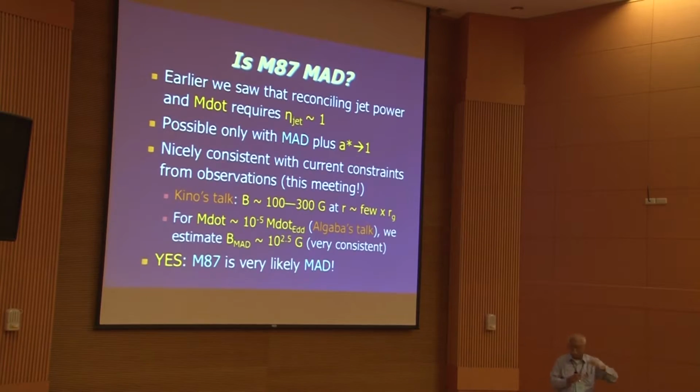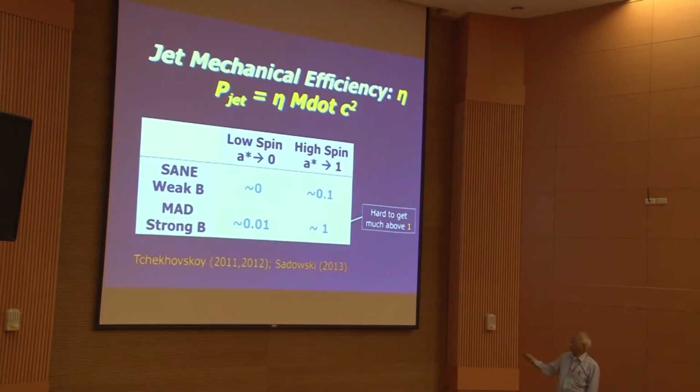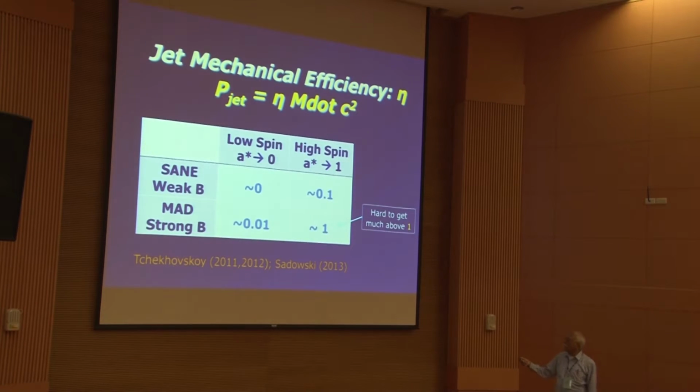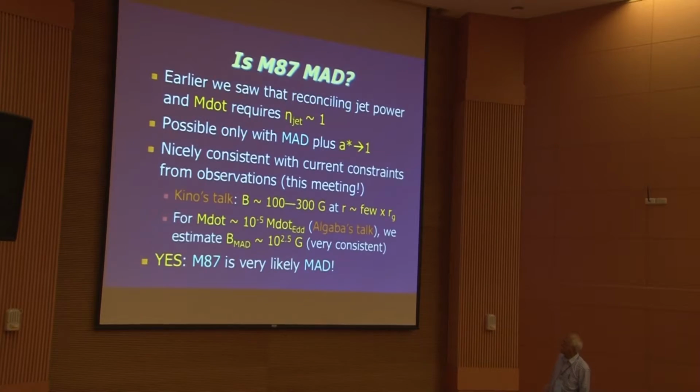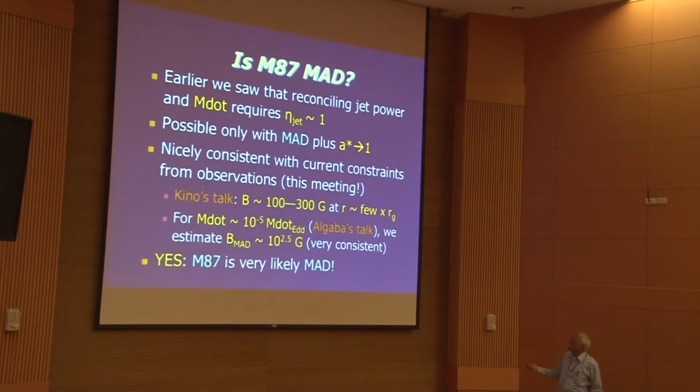You're really pushing numbers. So we're talking about 100% efficiency for M87, and if you look at this table, that's down here. So I would say M87 must be MAD, and M87 must be spinning rapidly. Otherwise, hard to see how those numbers would match up. Now maybe the numbers will change, but right now, given the numbers, that's what we have.